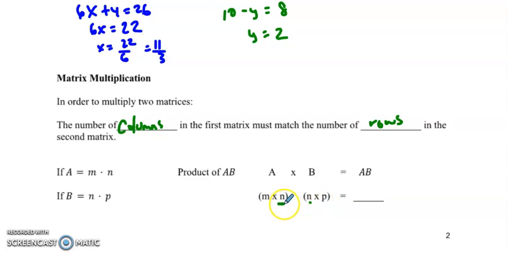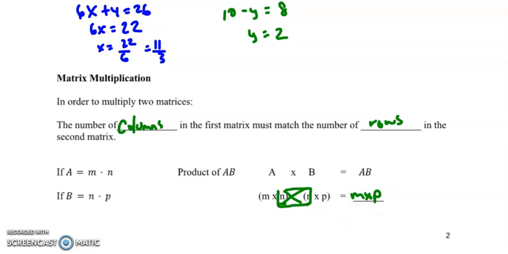Do you see how the number of columns here and the number of rows here must match? And as long as they match, these will effectually cancel out and we'll be left with an m by p matrix. You'll be left with the number of rows from the first matrix by the number of columns from the second matrix.